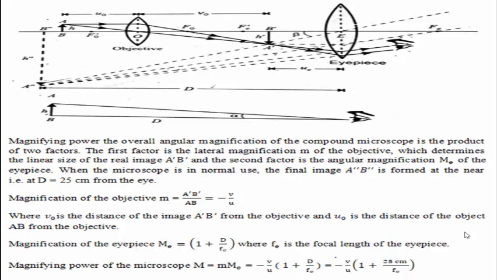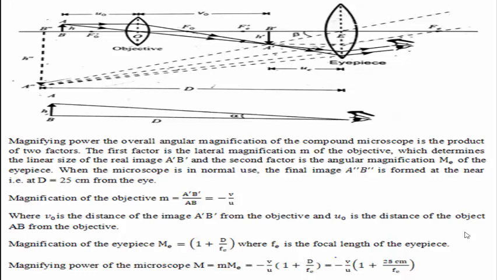Magnification of the eyepiece ME equals 1 plus D divided by FE, where FE is the focal length of the eyepiece.